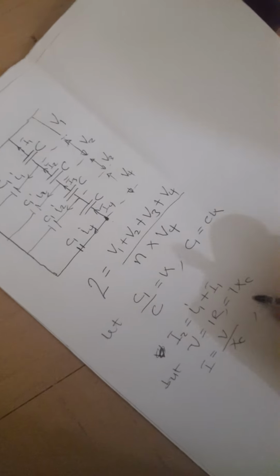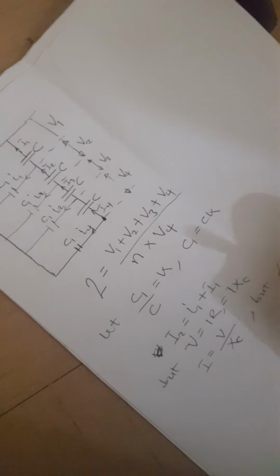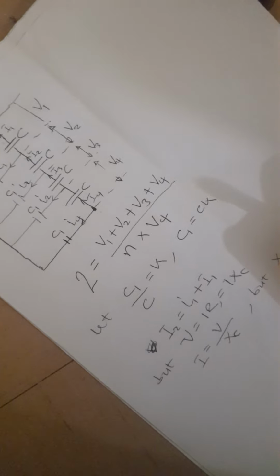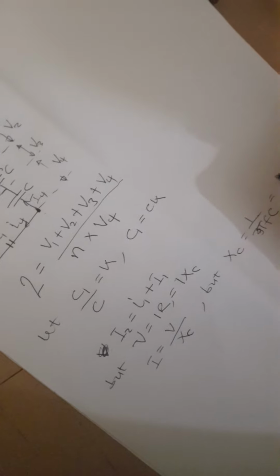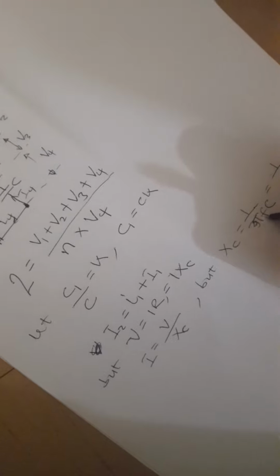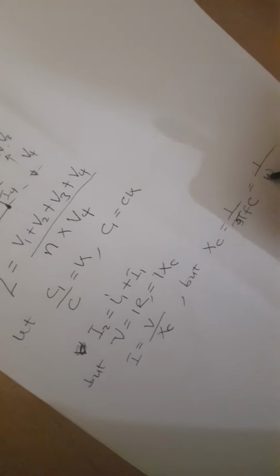We also know that XC is equal to 1 over 2 pi f C. This can be written with omega, because 2 pi f is equal to omega.